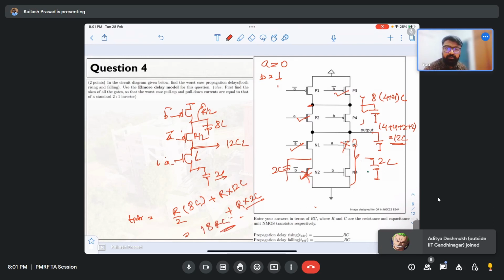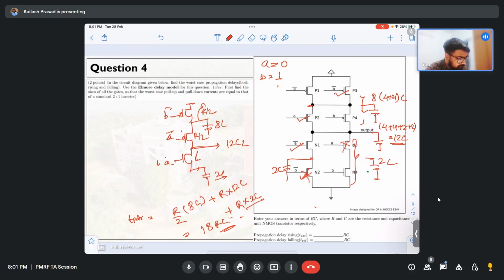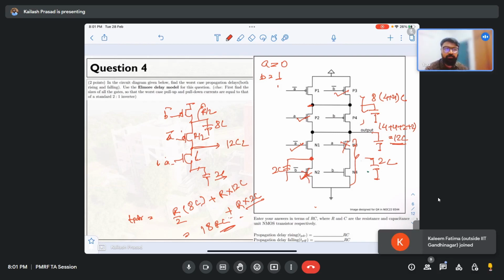This will be your propagation delay rising. The previous one was propagation delay falling. Why have we taken this combination? Because we wanted to include this particular node. That is the reason we have taken this particular combination.